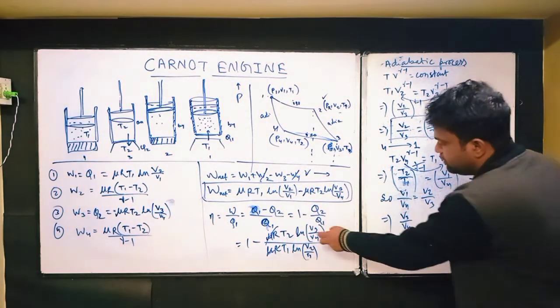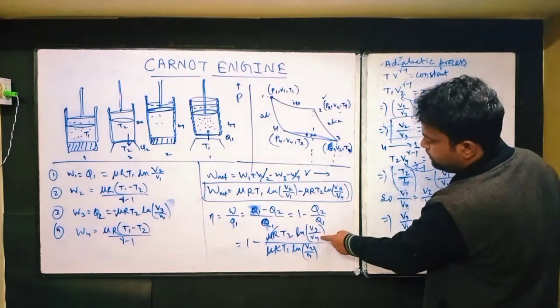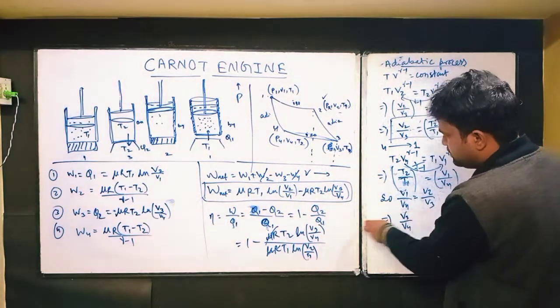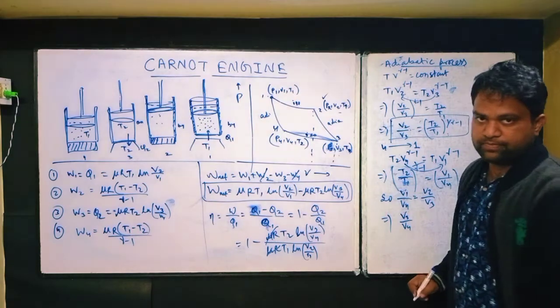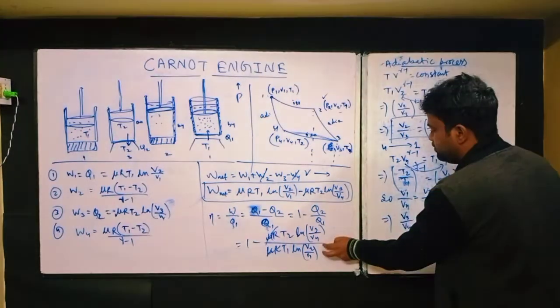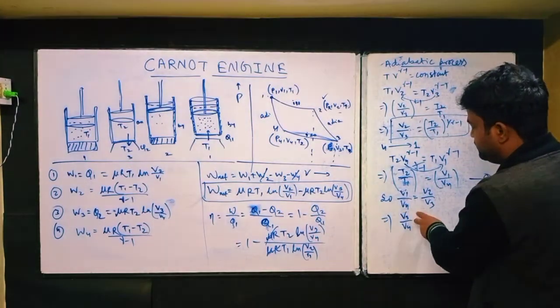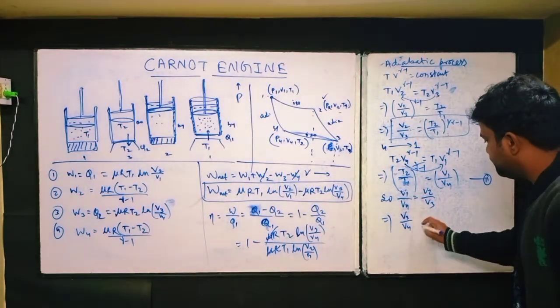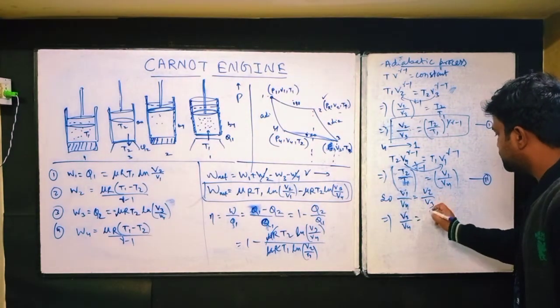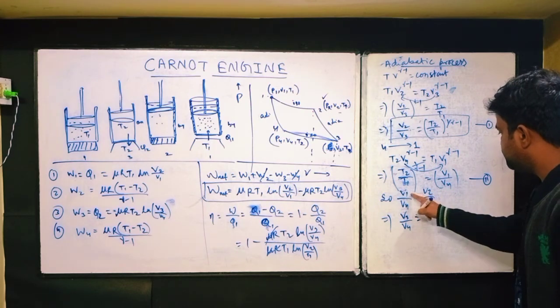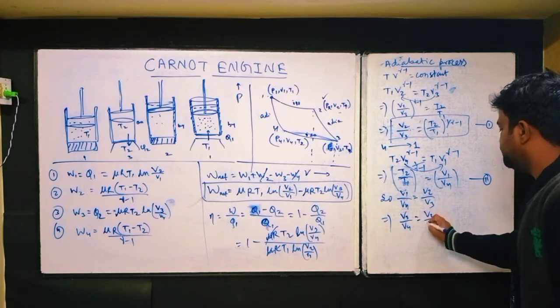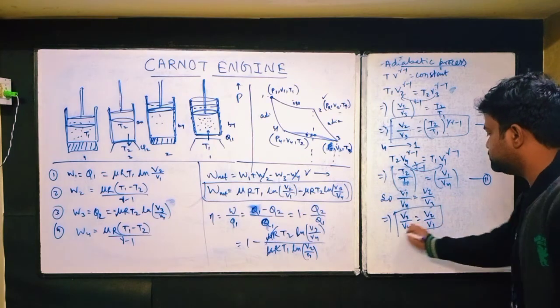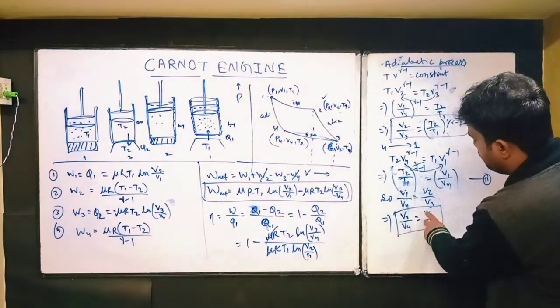Why am I doing it? I am bringing this V3 by V4 term here so that I can use my relation with the result I get here. Fine. So V3 upon V4 equals V2 by V1. So V3 by V4 equals V2 by V1.